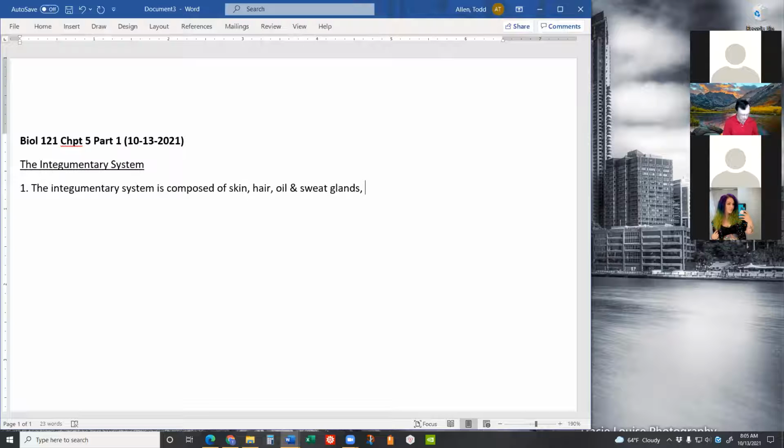The integumentary system will also include nails. Now nails are also associated with your skin. If you look at your fingernails, obviously they come out immediately underneath your skin. The precursor cells that build your nails are actually made of a form of epithelial cell, so nails are part of the epithelium and part of the integumentary system.